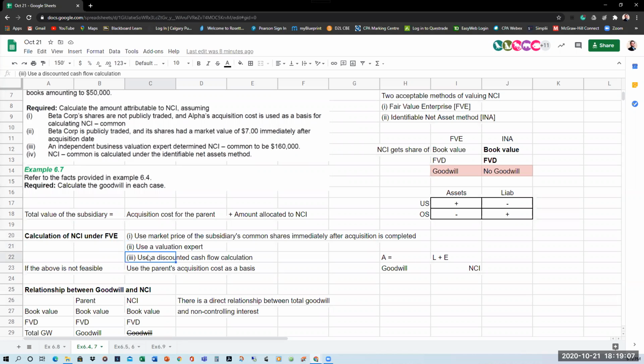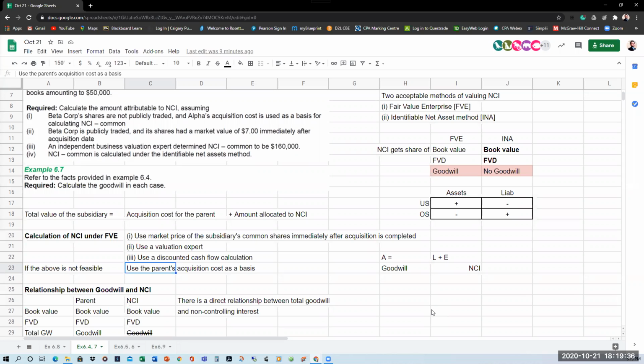So what ends up happening is, if the above are not feasible, if market prices are not available because the subsidiary is a private company and we don't want to bring in an expert or do a discounted cash flow analysis, then you can use the parent's acquisition cost as a basis for determining the value of 100% of the subsidiary.